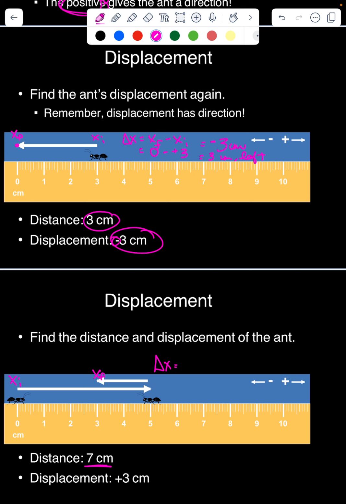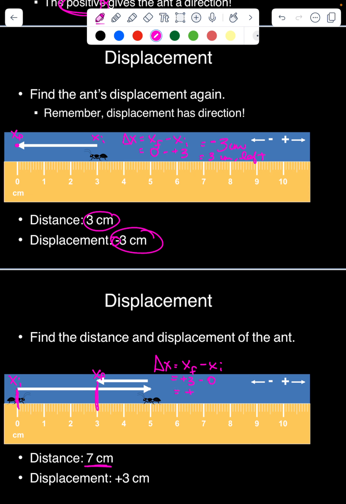But whenever I'm looking for displacement, the only 2 points that matter are its final position and its initial position. So we subtract those. So we have our positive 3 minus 0. Okay, so our final position is our positive 3 because it's 3 to the right, and our initial position is 0.